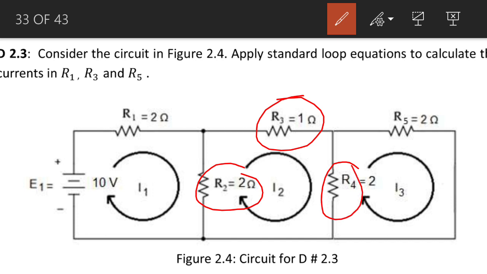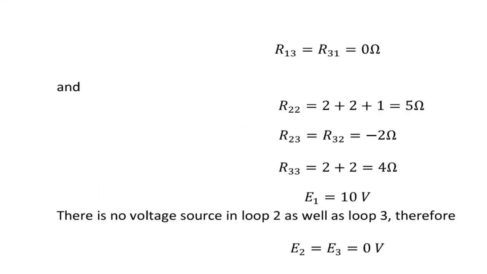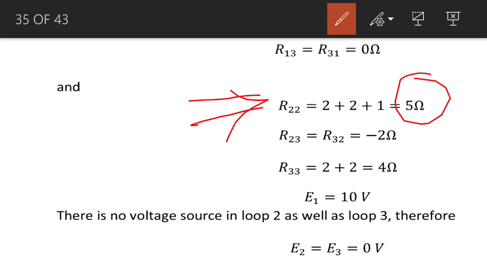So R2 plus R3 plus R4 gives you 2 plus 1 plus 2, that is 5 ohm. So R22, the total self-resistance of loop number 2, is 5 ohm.